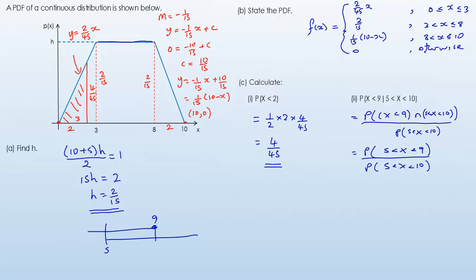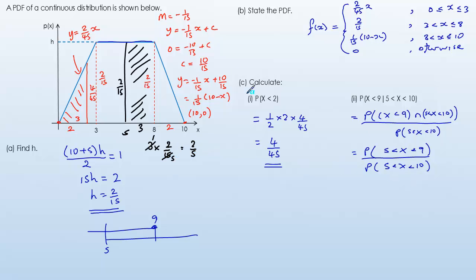Now both of these actually contain this area, which has base 3, and the height is 2/15. So 3 times 2/15 is 2/5.